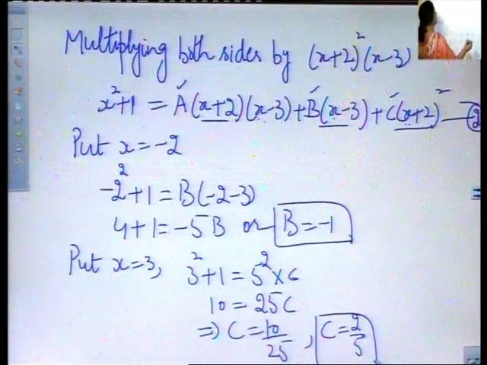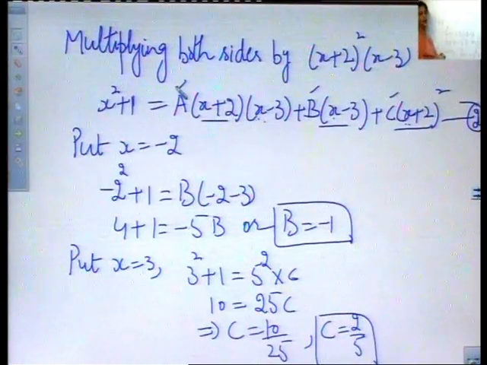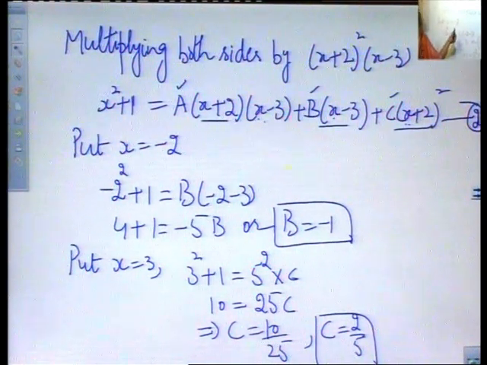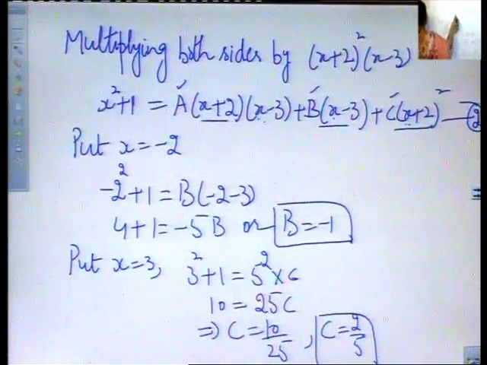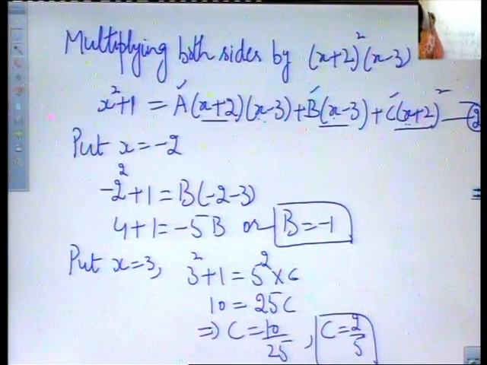Now, we know the value of b, we know the value of c, and we have to find the value of a. This value we cannot find by simply substituting. Here we have to equate the coefficients. So, in order to equate the coefficients, first we solve equation number 2.